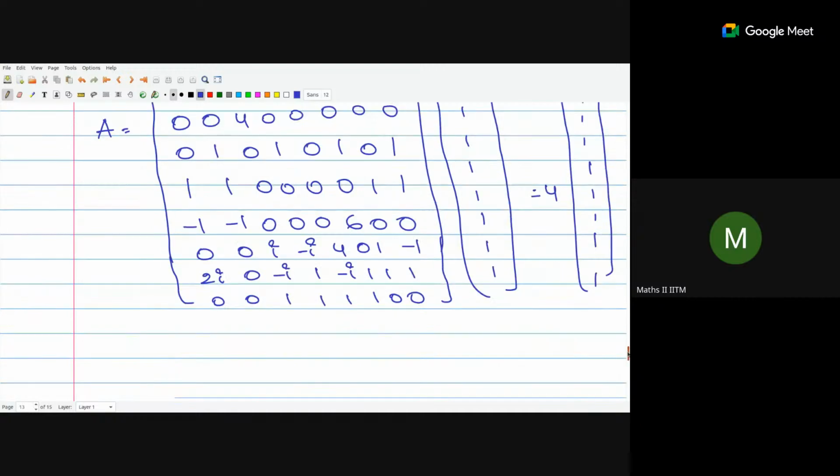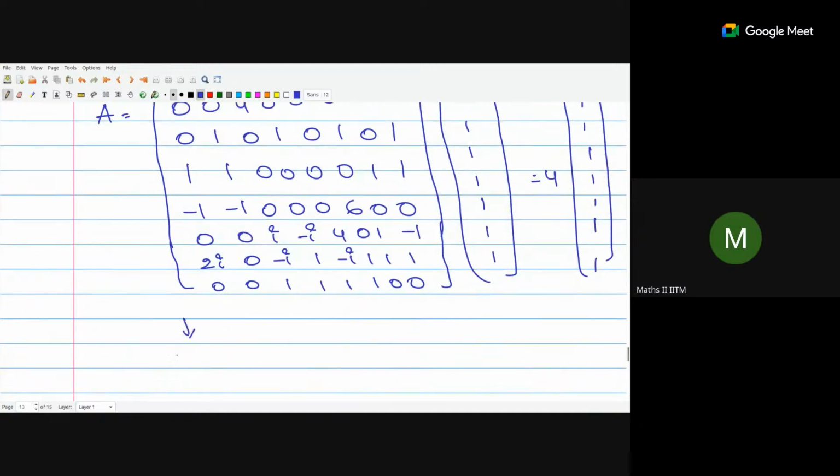So for this matrix A, lambda equal to 4 is an eigenvalue. Its corresponding eigenvector is just 1 repeated 8 times, which is 8 cross 1.